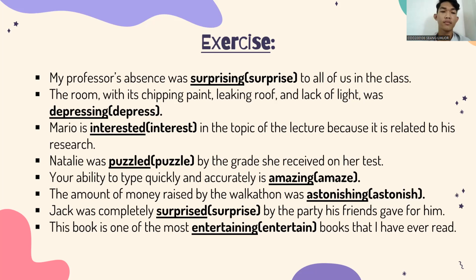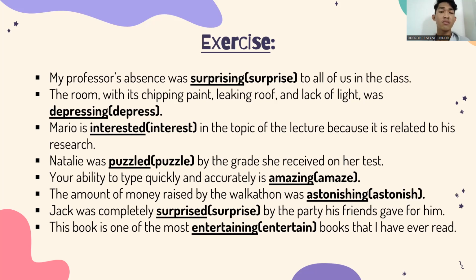And the third exercise is Mario is interested in the topic of the lecture because it is related to his research. It is a similar reason. I use interested instead of interesting because the topic is being found interesting by Mario, not Mario is affected by the topic. So you have to notice this point.